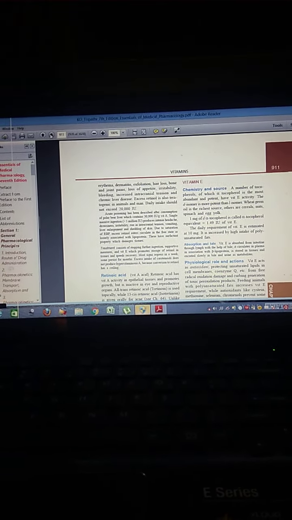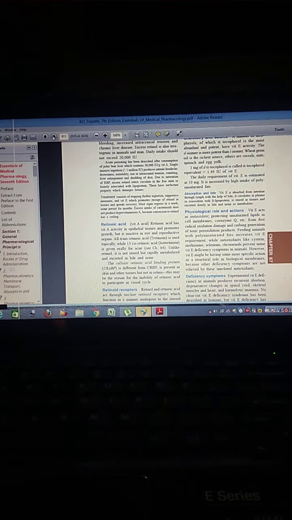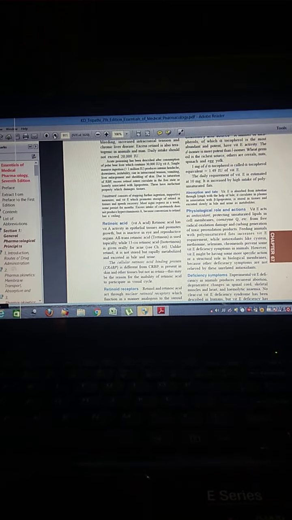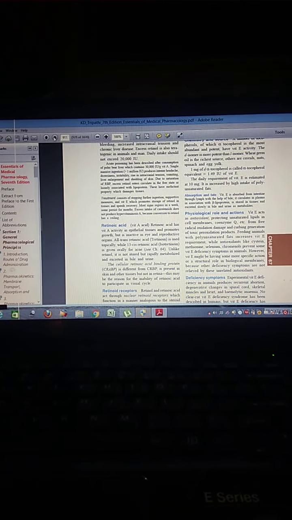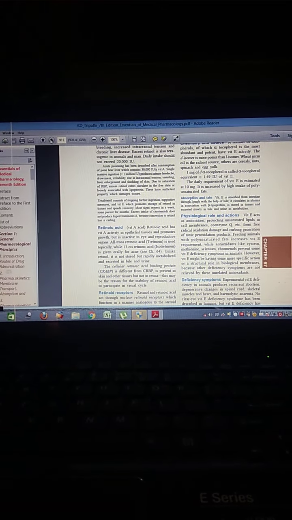Here, retinoic acid, also called vitamin A acid. It has vitamin A activity in epithelial tissue and promotes growth, but is inactive in the eye and reproductive organs.